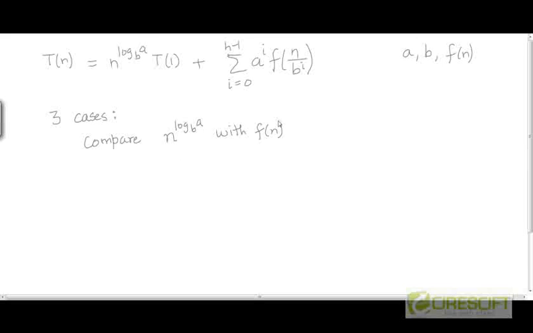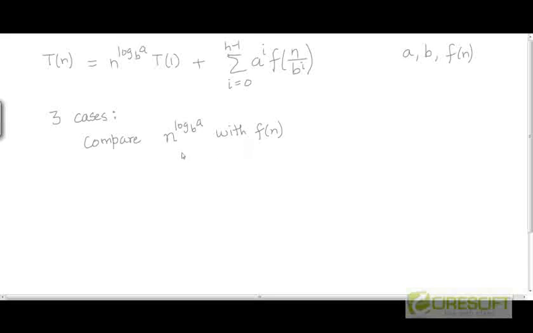Either f of n could be dominant over n to the power log of a base b, or both of them could have the same rate of growth, the same asymptotic complexity, or n to the power log of a base b could be dominant over f of n.